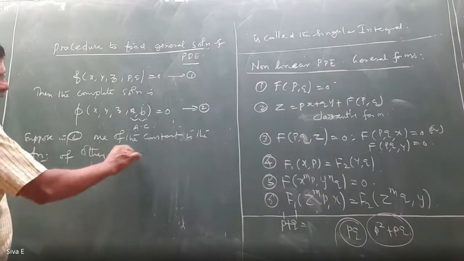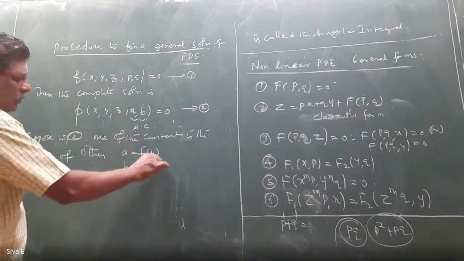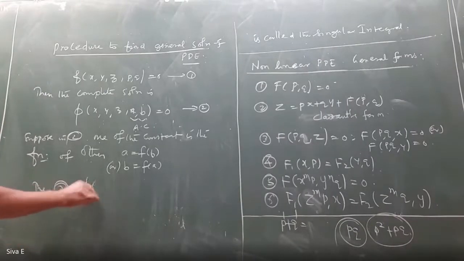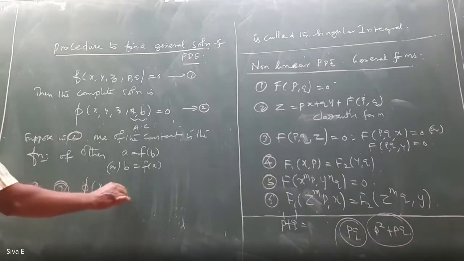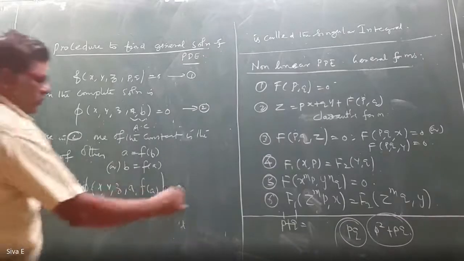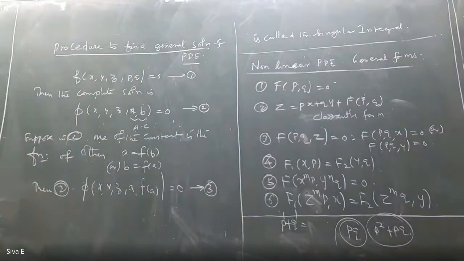For example, a equal to f of b or b equal to f of a. Then the complete integral, 2, can be written as phi of x, y, z, a comma f of a equal to 0, which is equation number 3.